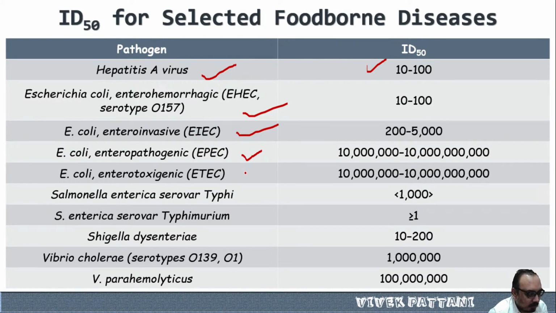Next one is E. coli enterotoxigenic, again more than 1 million. Salmonella Typhi around 1000 and Typhimurium around 1. Shigella dysenteriae 10 to 200. Vibrio cholerae around 1 lakh. Vibrio parahaemolyticus around 10 million.